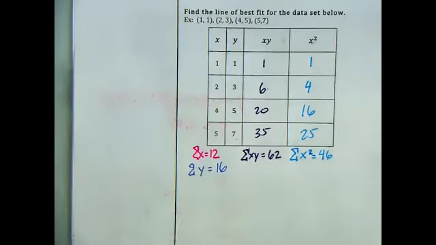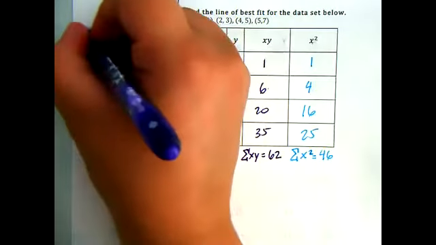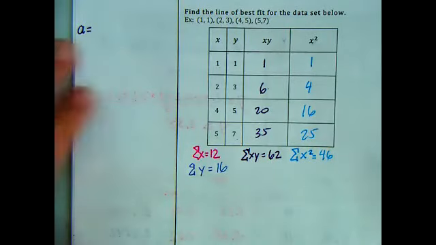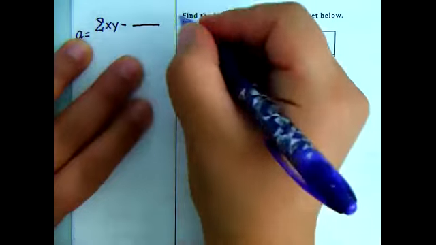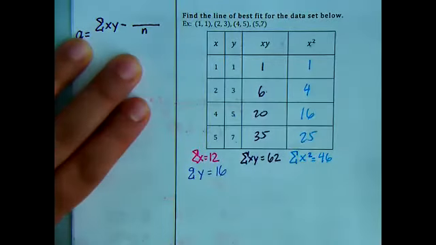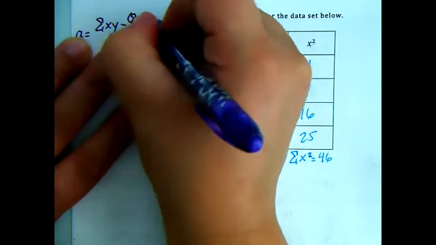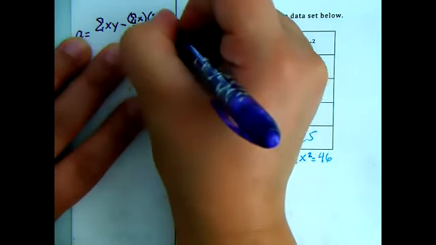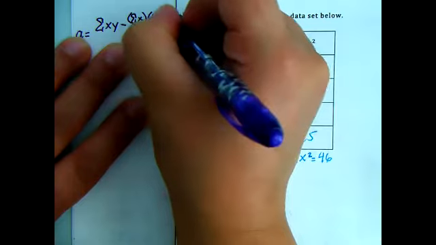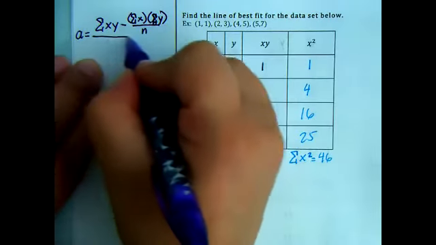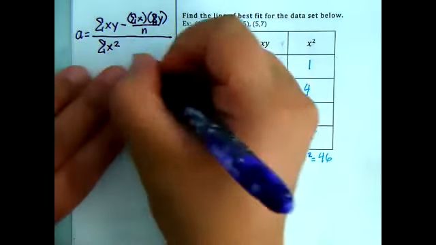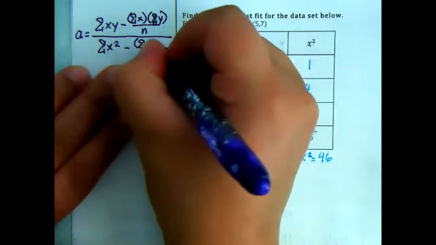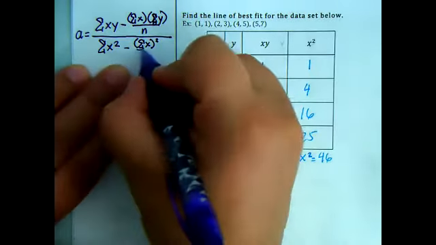Now, to find your a, you need to do the summation of xy minus a fraction where you're dividing by n, but on the top it's your summation of x times the summation of y, all of this over the summation of your x squareds minus the summation of x quantity squared over n.